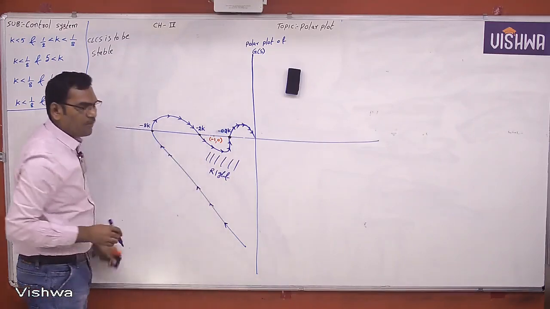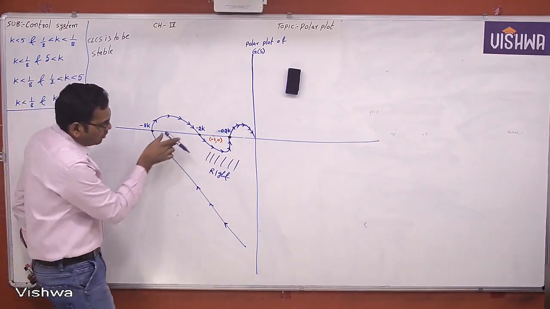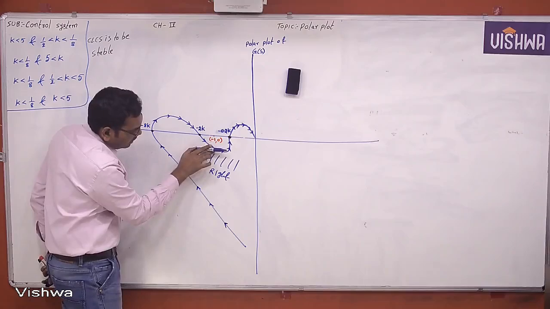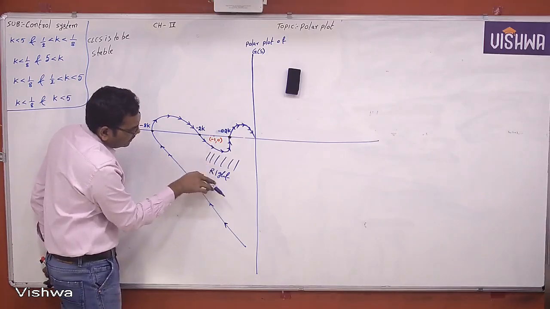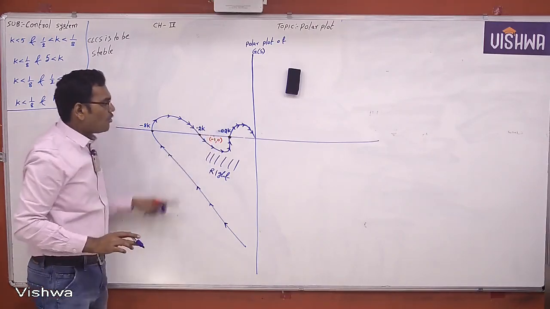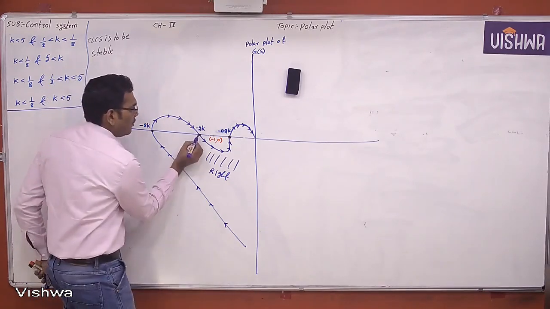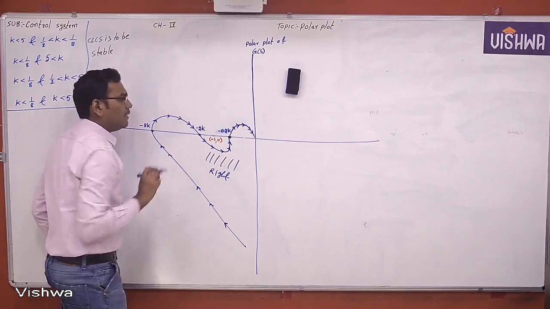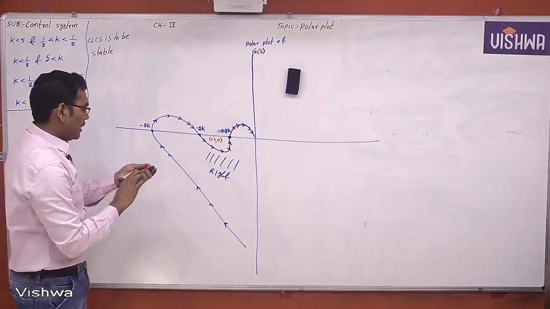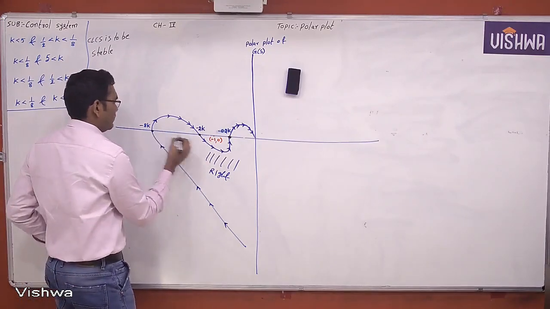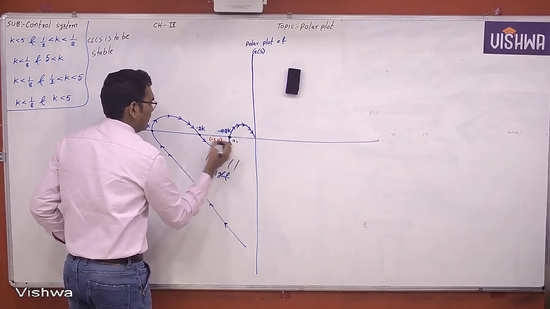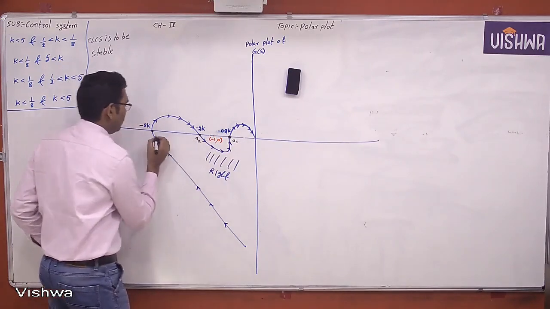But now where is your -1 comma 0 point? This is the direction of the polar plot. Now this is the right side and this is the left side. Now your -1 comma 0 point is not enclosed with respect to -2k and -0.2k. Let us take these as A1, A2, A3.